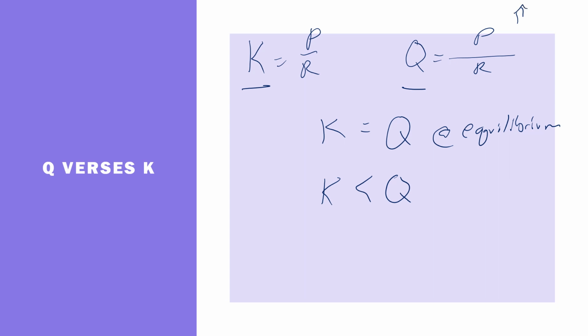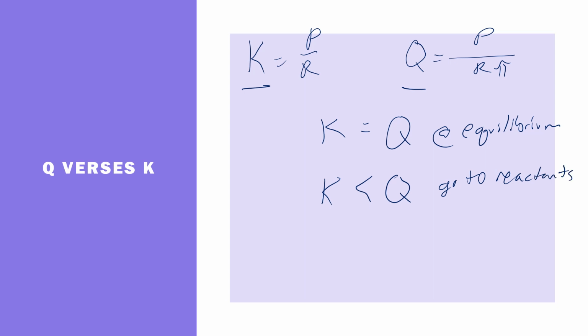In order to reach equilibrium, we need to make Q smaller to get Q closer to K. To make Q smaller, we need to make more reactants because that's on the denominator. So we're going to shift the reaction toward the reactant side, or proceed in the reverse direction.